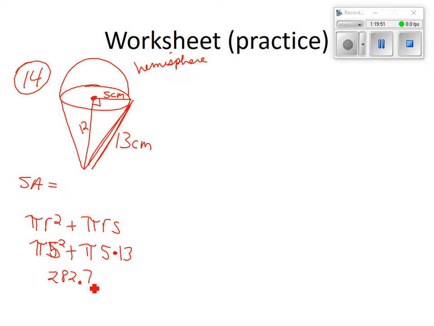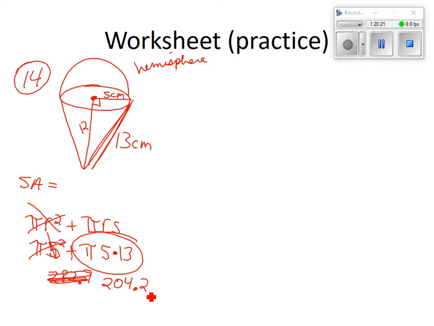So we got to subtract which part of this is the circle? The pi r squared. So we want to get rid of this. So now let's go back, just do that part. That's all we want this time for the cone. 200 and what? 204.2.